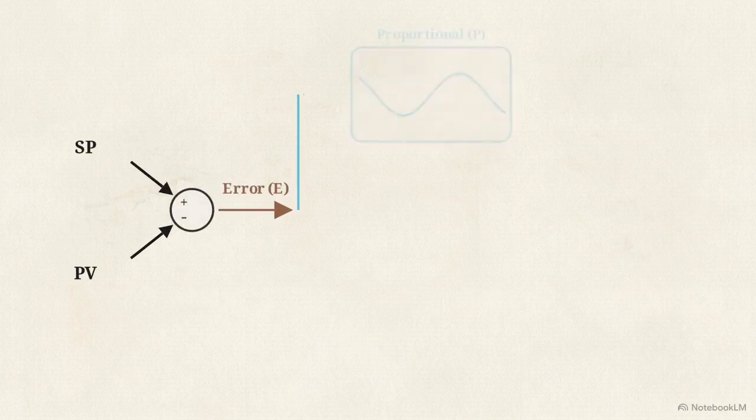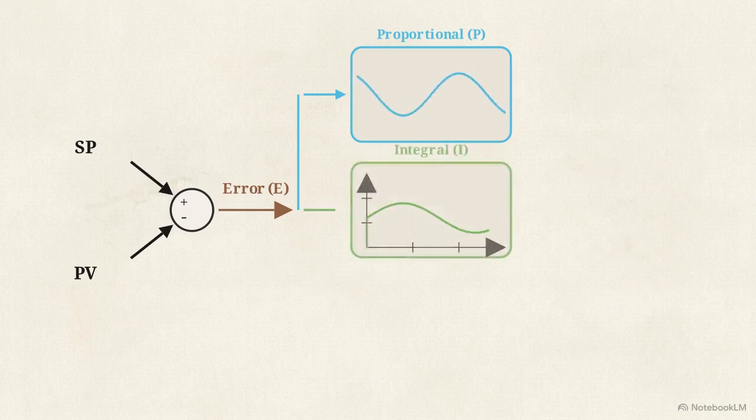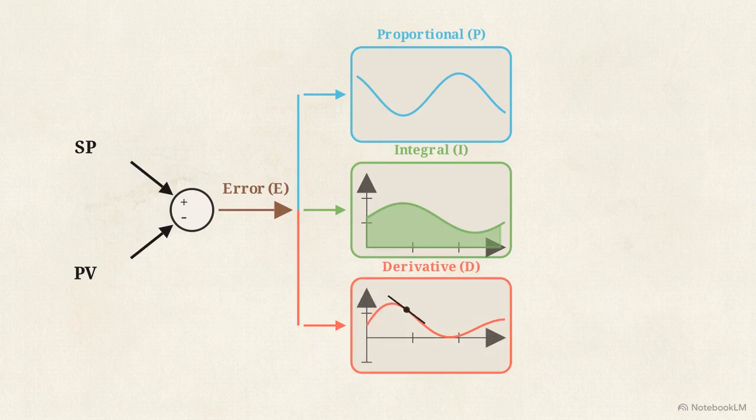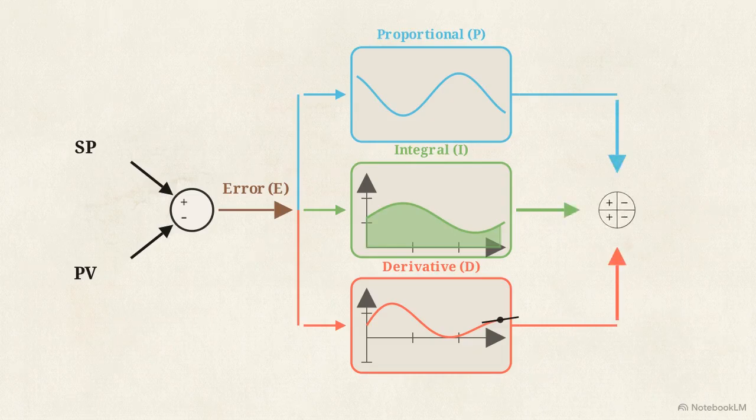The proportional block scales the output based on current error magnitude. The integral block eliminates steady-state offset by accumulating past error over time, driving it to zero. The derivative block anticipates future error, acting as a brake to prevent overshooting. Finally, these three parallel transformations recombine at the summing junction to produce the final controller output signal.